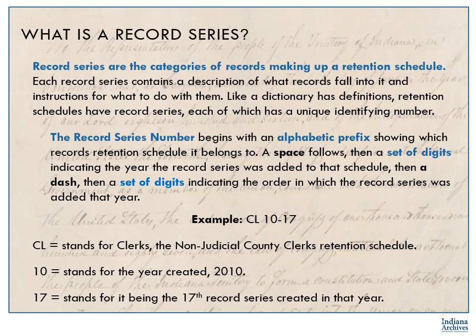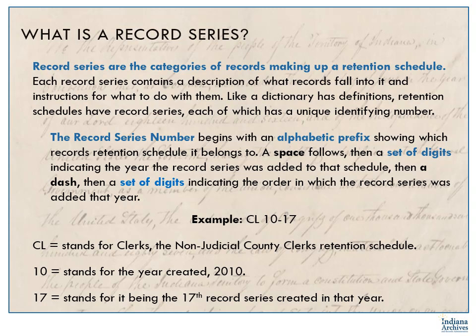The record series number begins with an alphabetic prefix showing which record's retention schedule it belongs to. A space follows, then a set of digits indicating the year the record series was added to that schedule, then a dash, then a set of digits indicating the order in which the record series was added that year.